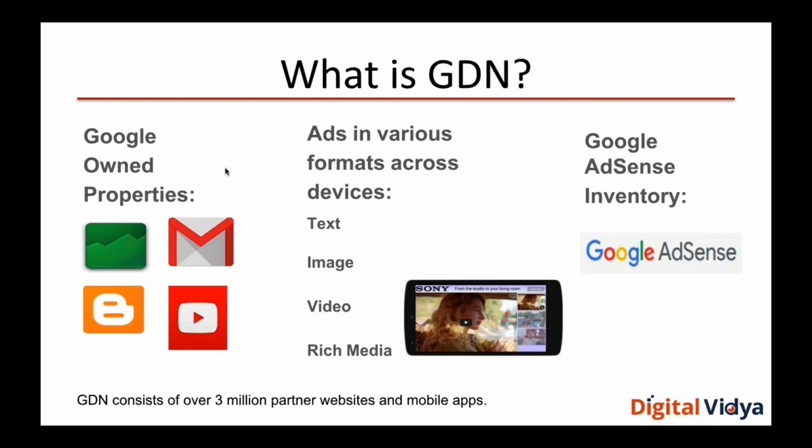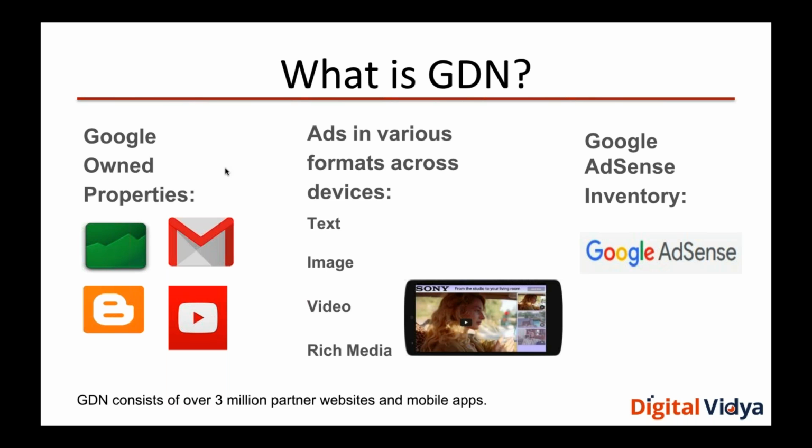So a variety of ad formats are possible to be seen on display network. And the name that you're seeing on the right hand side of this presentation, Google AdSense, that is a different product, so we won't go into the details of it. Just understand that AdWords is an advertiser side platform. So as an advertiser, if I want to create ads and target any website or mobile app, I use Google AdWords. Now, if I'm having a mobile app or a website and I want Google AdWords ads to appear there, so that when people click on it, Google pays me a commission and I can earn money, AdSense is the platform that I use as a publisher.